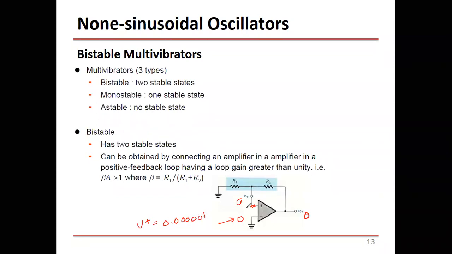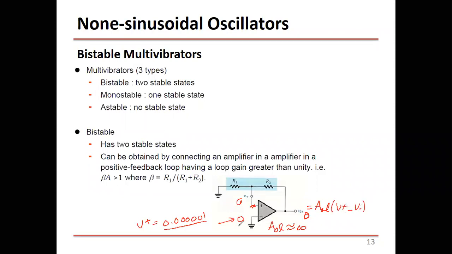Well, remember that the operational amplifier has an open loop gain that's almost infinity. It's very high. So this very small amount of input at V plus, the output is going to be A open loop times V plus minus V minus.